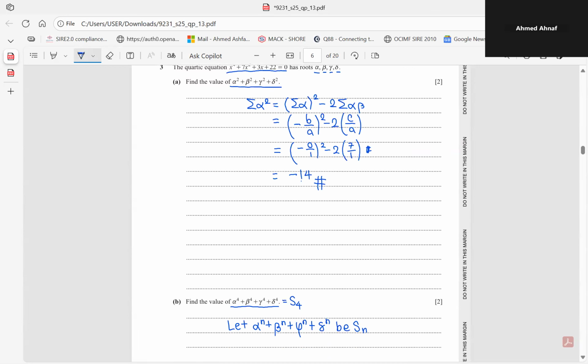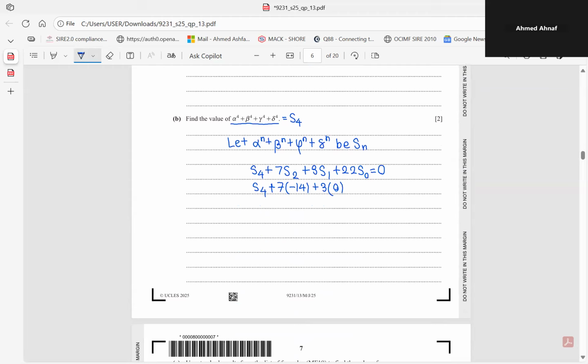S1 is just alpha plus beta plus gamma plus sigma. So that's just the sum of our roots, which is minus b over a. We found in our previous part, that's just 0. And then S0 would just be 4, because if you substitute n equals to 0, anything to the power 0 would just be 1, so this would just be 1 plus 1 plus 1 plus 1, which is 4, all equals to 0. So type it into your calculator, we'll get S4 minus 10.